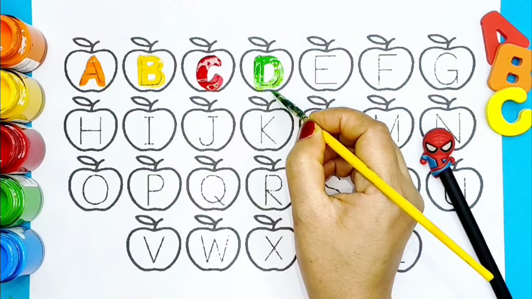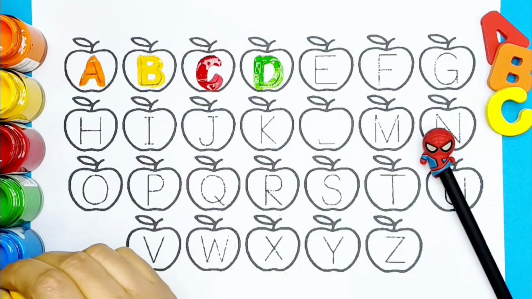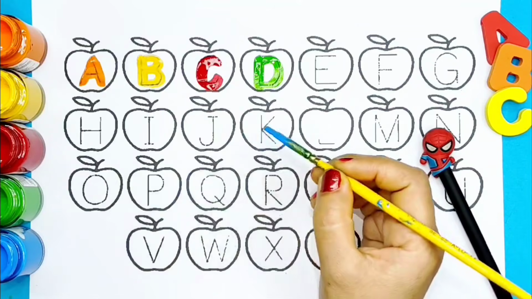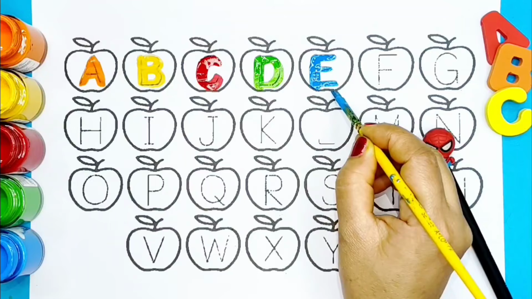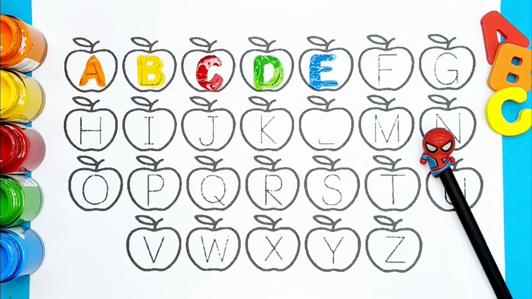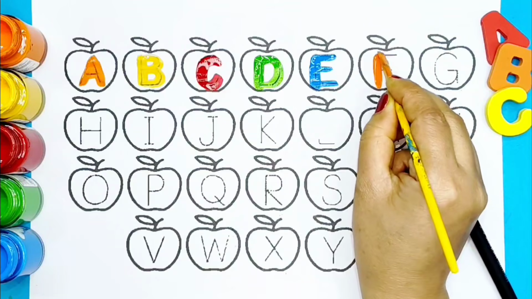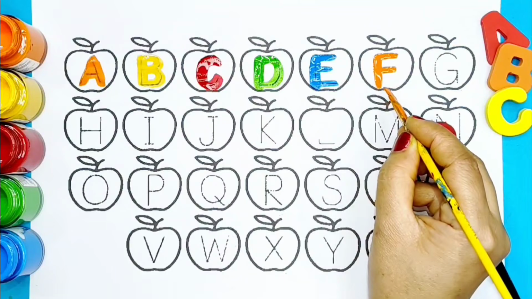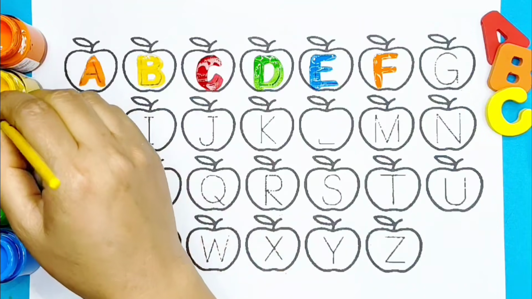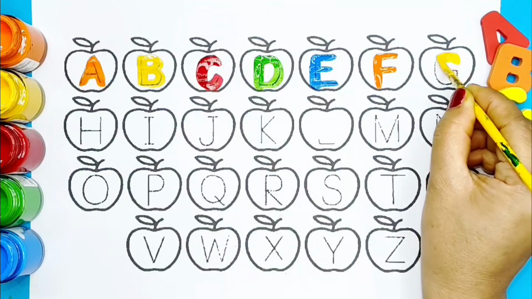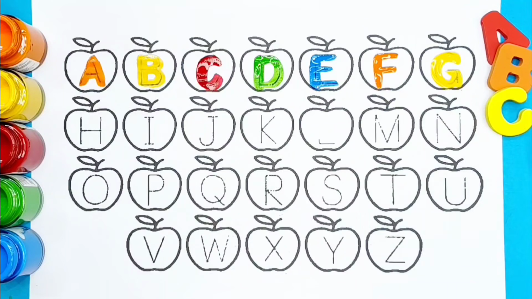D for doctor. Sky blue color. E for earth. Orange color. F for frog. Yellow color. G for goat.